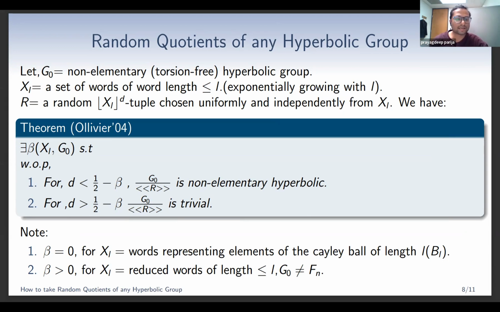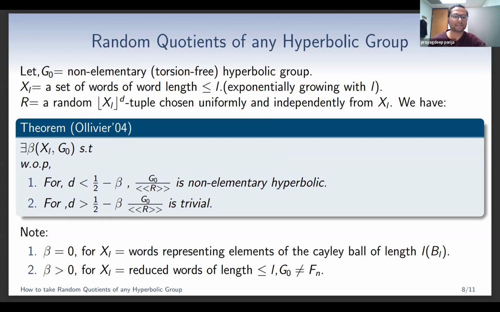What happens is that with overwhelming probability, for density less than half minus beta, G naught over R is non-elementary hyperbolic. So the share of presentations that are non-elementary hyperbolic limits to 1 as L goes to infinity. And the share of presentations that are trivial limits to 1 for density greater than half minus beta.